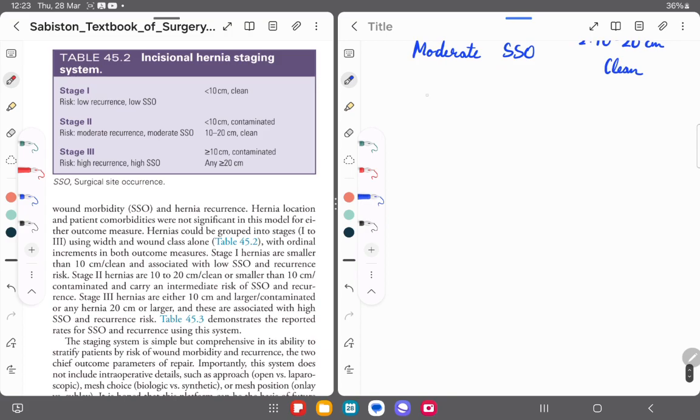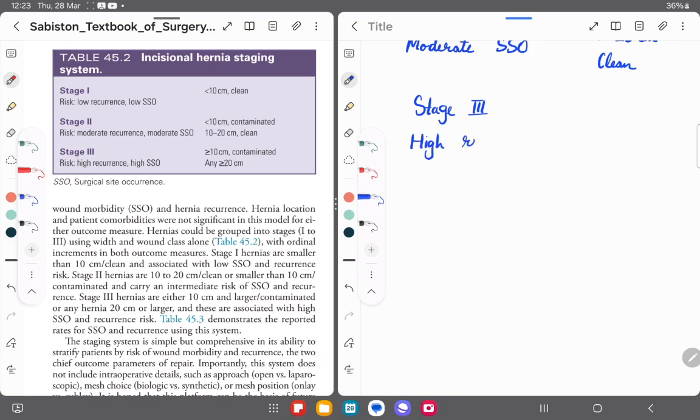Stage 3 will be high recurrence, high SSO. Stage 3 is high recurrence and high surgical site occurrence. So how will we say that this is a stage 3?